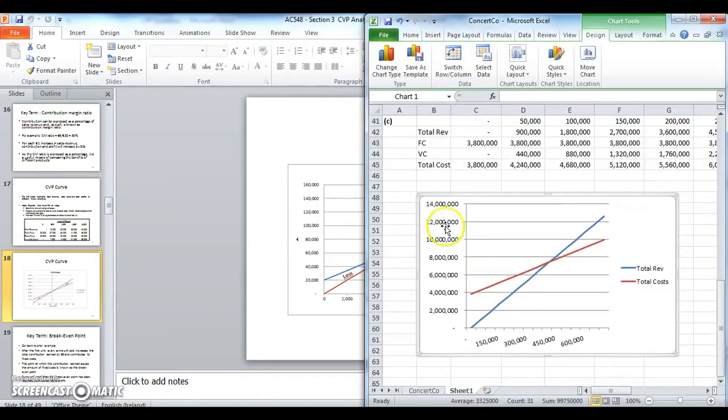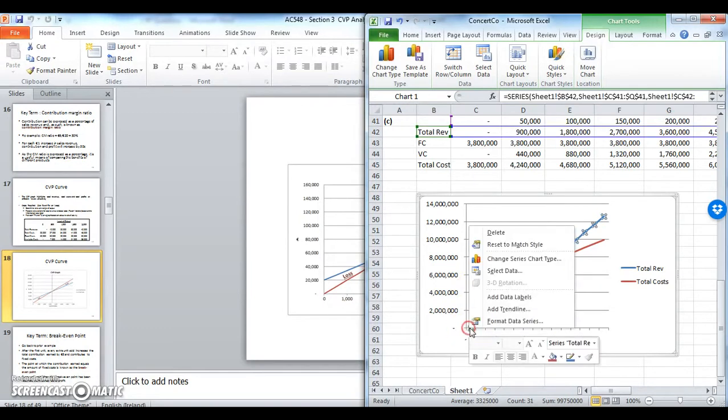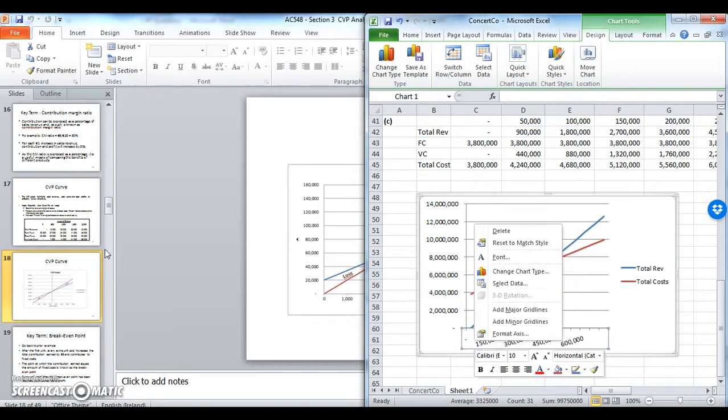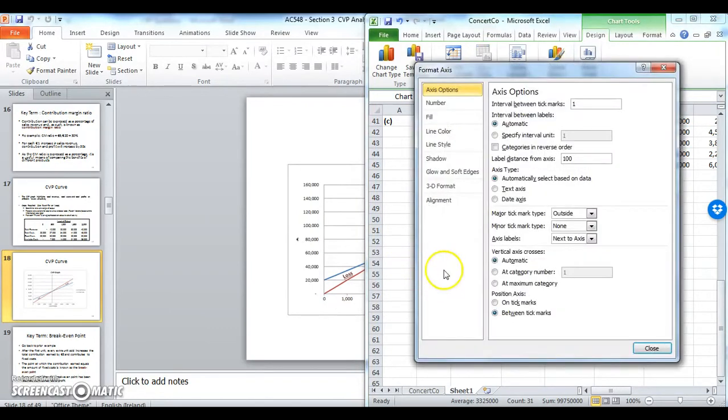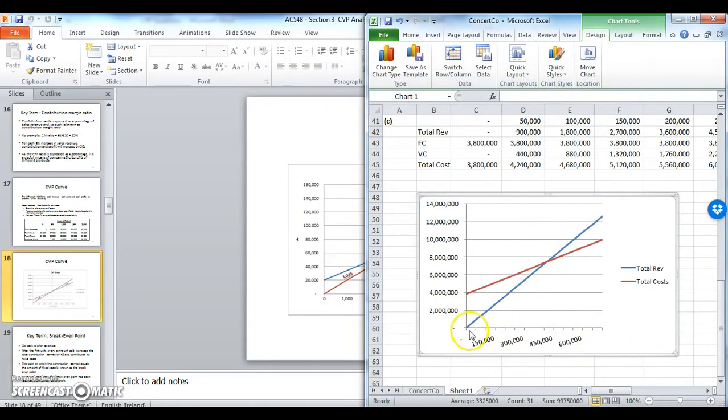But the point you want to see is you have your total revenue at 0 level of activity, there's no revenue, and you gradually move up along as you produce more units. Likewise, the total cost at 0 level, now I'll format this axis to show you. So see, at 0 level of activity, you're always going to have some cost, and that's essentially 3.8 million, just under the 4 million mark.